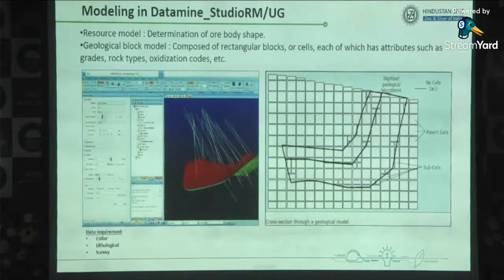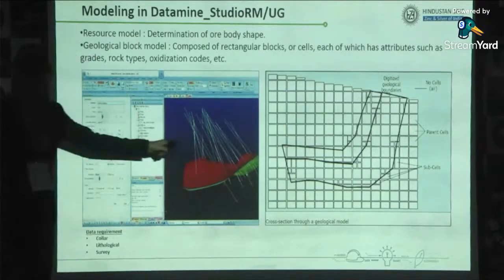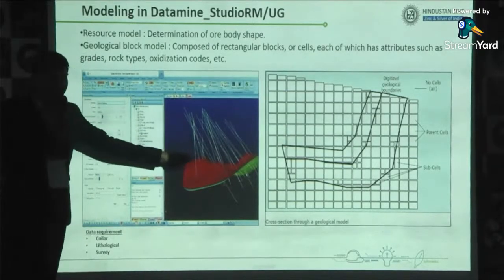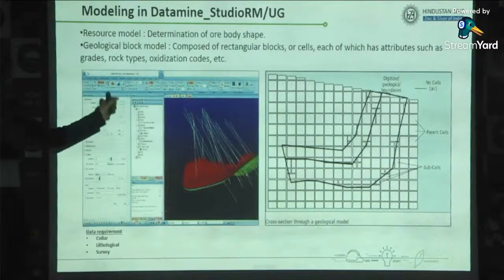So we can see these are the holes which were drilled from the surface. These holes have three types of data. First is collar, second is litho, third is survey data. Based on these three data, those holes are plotted in Datamine software.